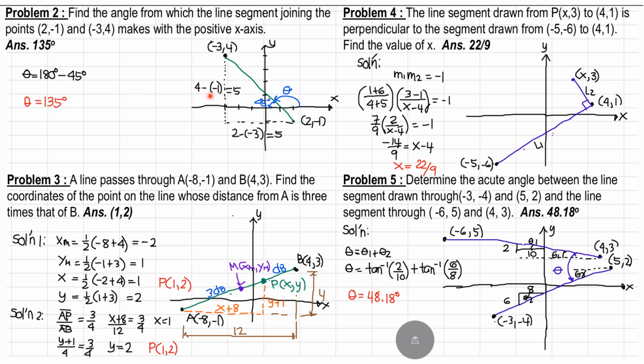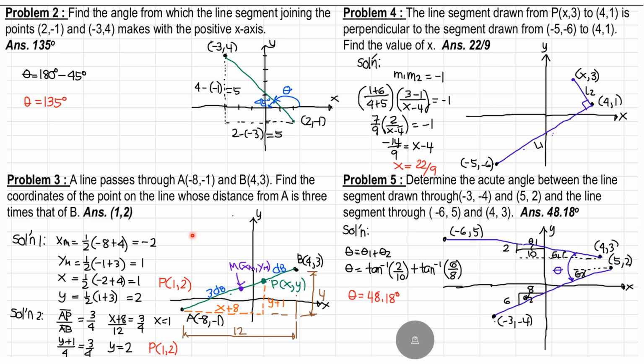So that's 5. Since the parts of this right triangle are equal, 5 and 5, we know that this is 45 degrees, or inverse tangent of 5 over 5, 45 degrees. Therefore, theta is equal to 180 degrees, a straight angle, minus 45 degrees, so 135 degrees.